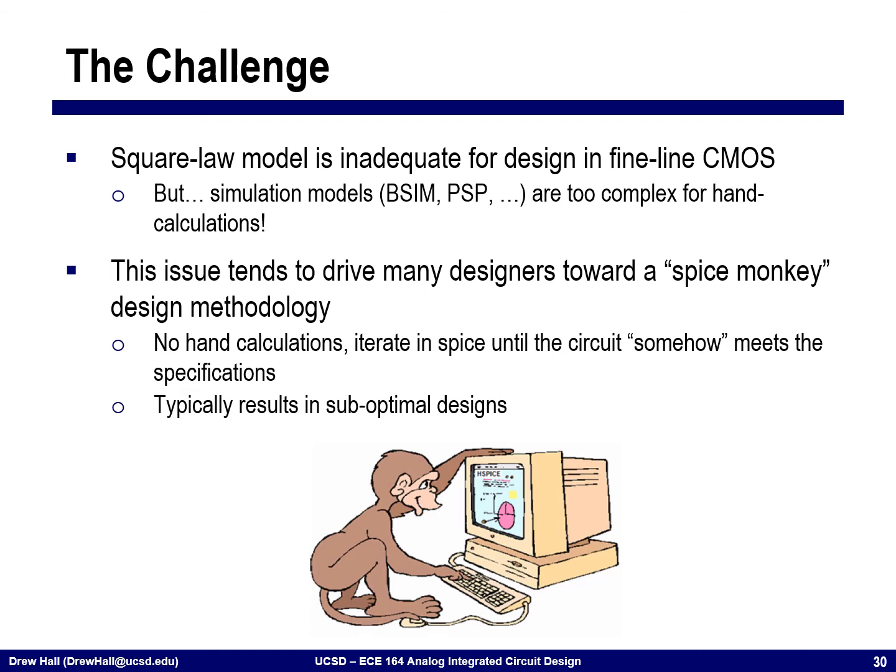They're just sweeping parameters around, trying to find parameters that work or a design space. And two, anytime they have to redesign the circuit for new specs, they essentially have to resort to the same spice monkeying behavior. And so in general, this is something that we absolutely want to avoid. We want hand calculations in order to drive our design decisions. And then we need a method now in order to make these models tractable for hand calculations.